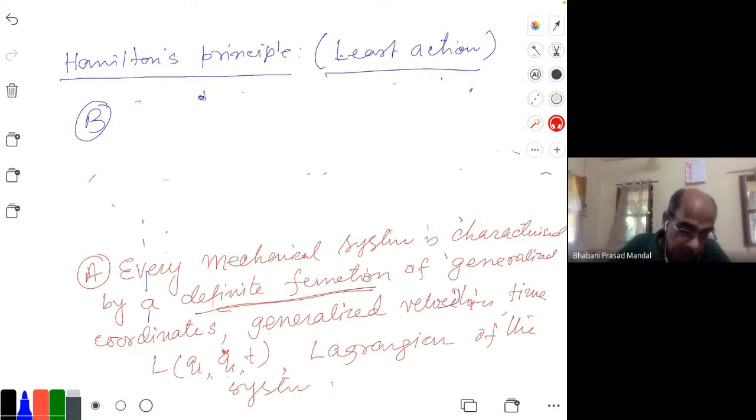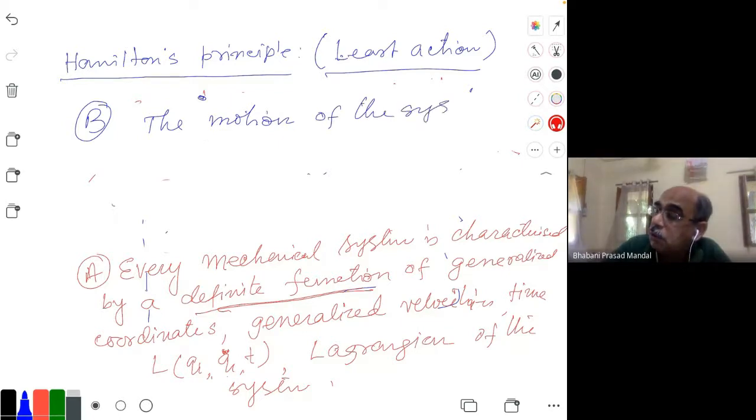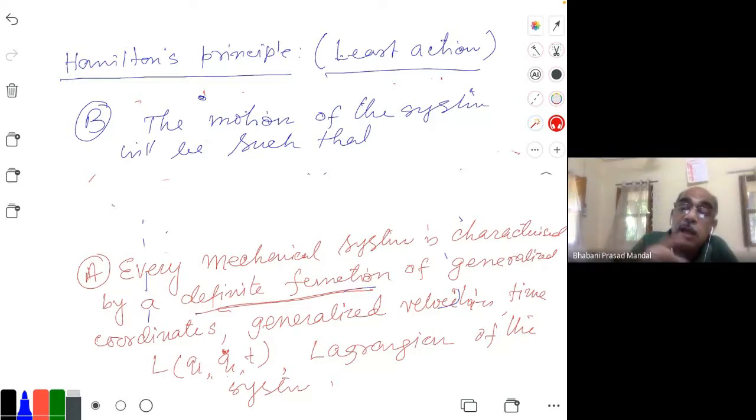The motion or dynamics of the system will be such that, like when traveling, the least path, least cost, least time.